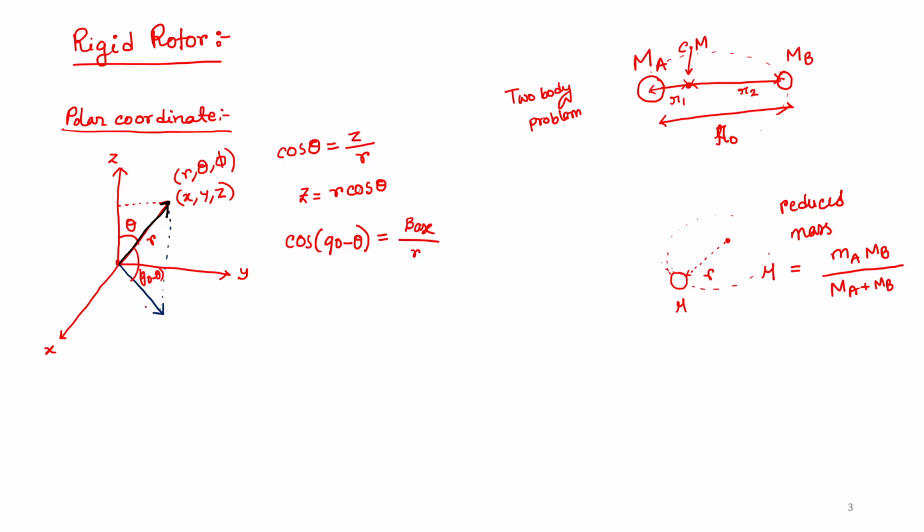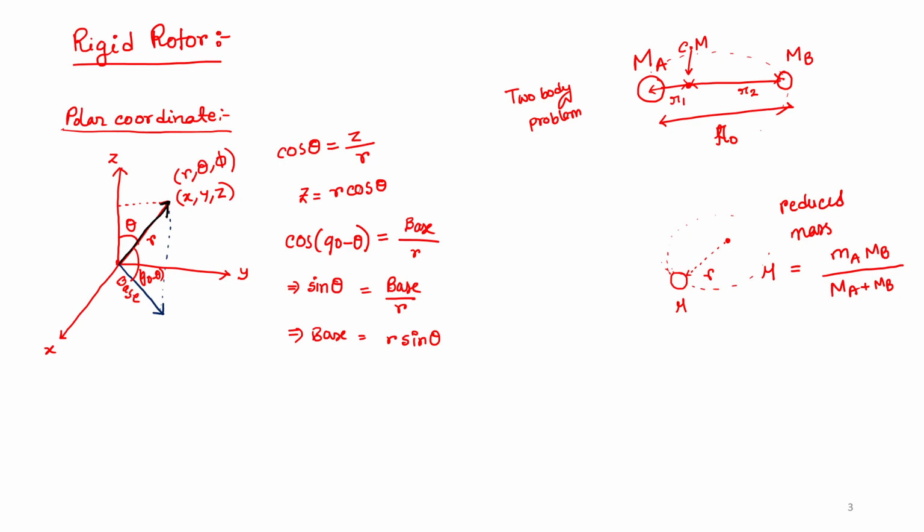This projection is the base, right? And this is my hypotenuse. And cos 90 minus theta is sine theta. So base by r, so the base is r sine theta. First of all, z is r cos theta, and now we know that the magnitude of this projection vector along the xy plane is r sine theta, right?